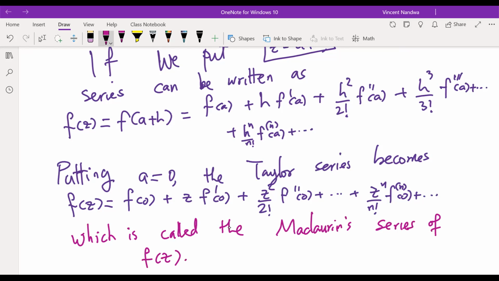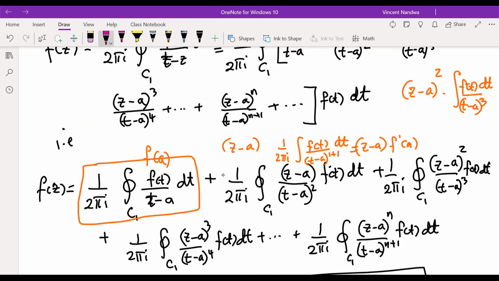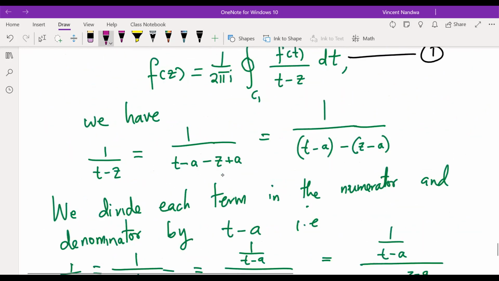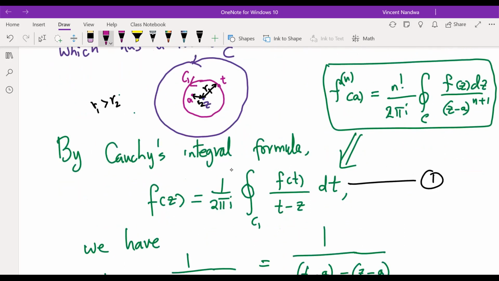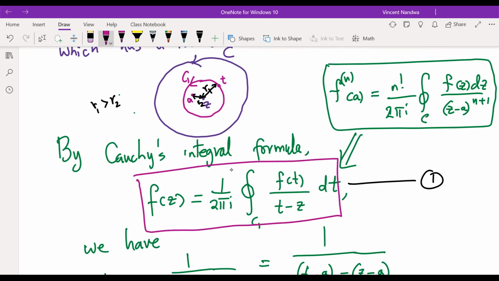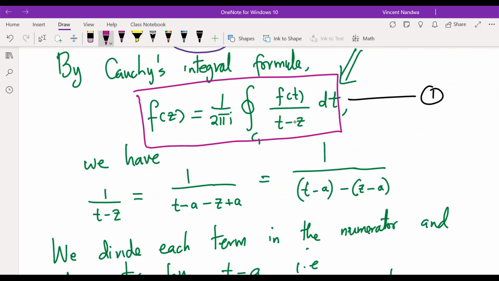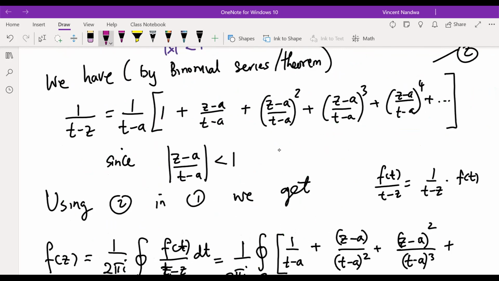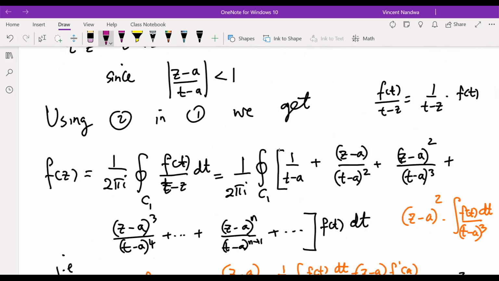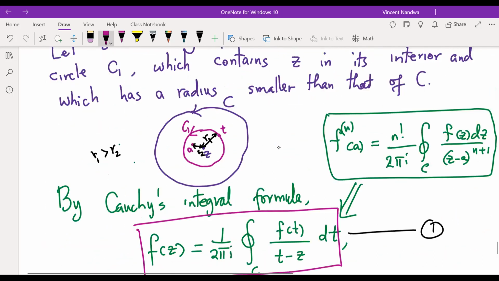This is how we prove the Taylor series. So the key thing is to remember the Cauchy integral formula, and then use the Cauchy integral formula to simplify this definition of the function f of z by creating a circle around the point z, and then reduce that integrand into a series that will eventually be reduced to the same terms given in the right-hand side of this expression here.